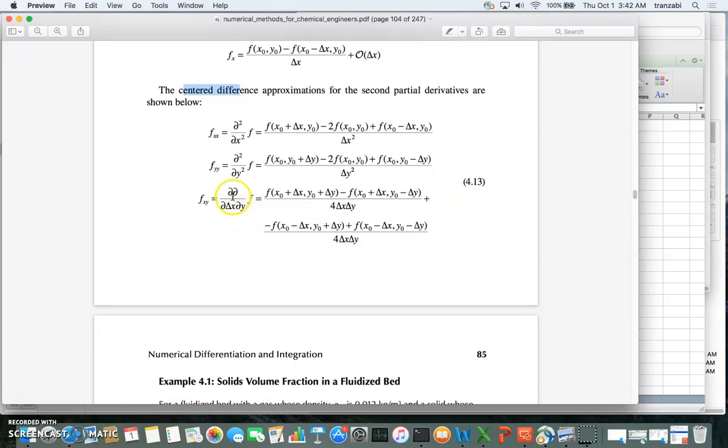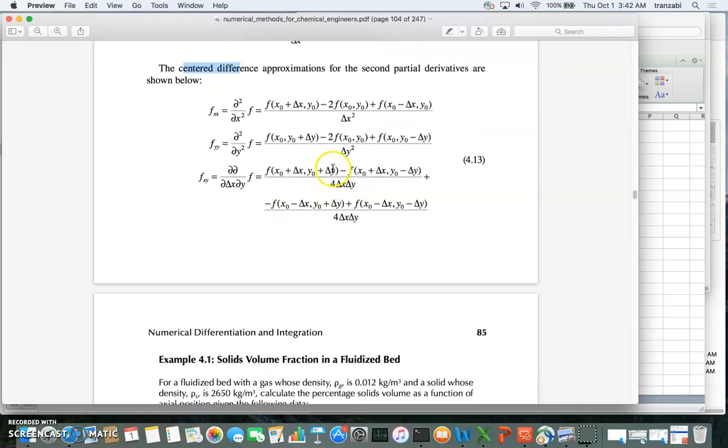We can also do the cross derivative, like this one is derivative of the function with respect to x and y. So in that case, first we have to do the derivative with respect to x, and then we use that to get the derivative with respect to y. And if you do that, at the end of the day, what you get is something like this. We have two terms. The first term is, you can group this one and this one.